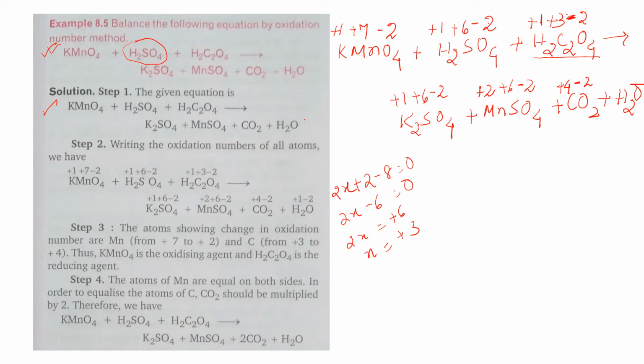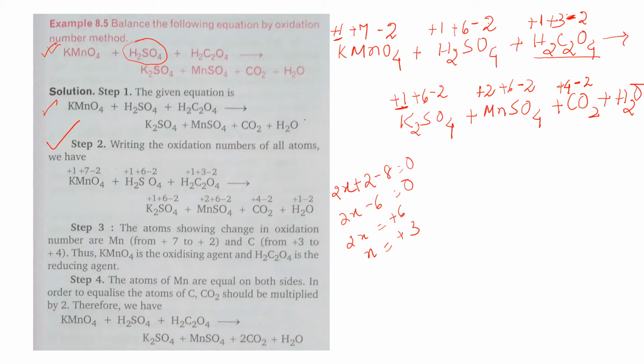Now you have written everything. Now just check, step 2 is also over. Now step 3, the atom showing change: you have to see which atom is showing a change in oxidation number. Now you see here, potassium is +1 on the left hand side, potassium is +1 on the right hand side also. So there is no change.